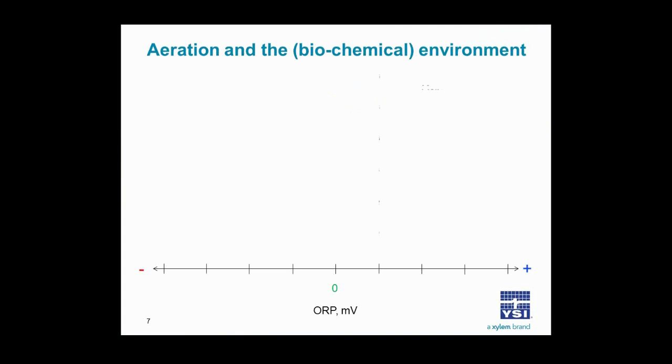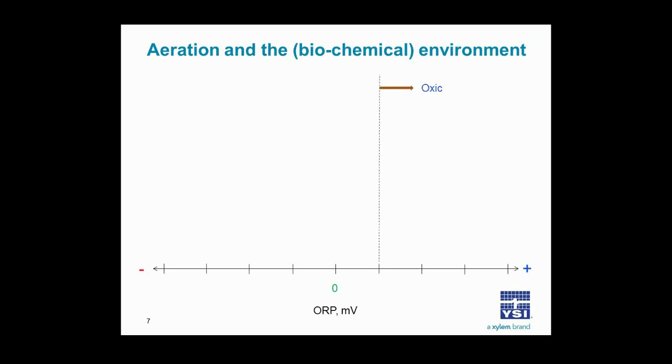So let's start with a discussion of aeration. Looking at this chart, which is kind of a general relation of the ORP on the horizontal axis, we can say that aeration controls the biochemical environment.